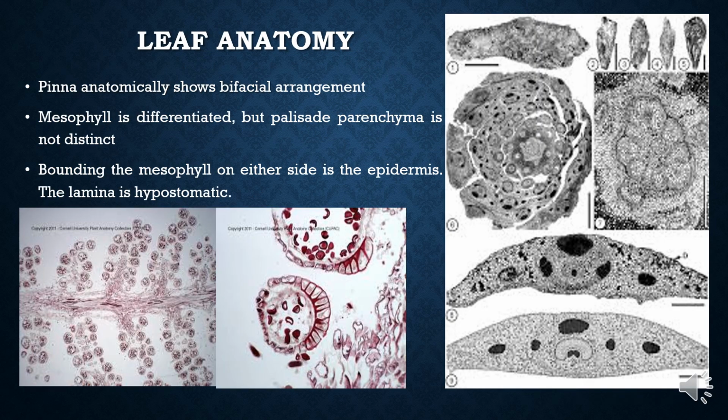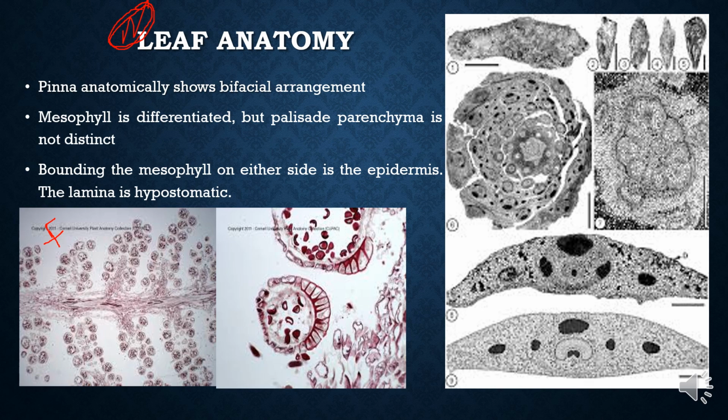Now the leaf anatomy. This is the sterile leaf, and this is the fertile leaf. The normal sterile leaf has an outer epidermis on its pinna, and the inner region has mesophyll tissue, which I am drawing in yellow.